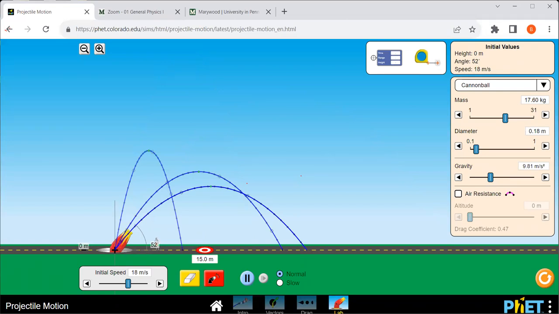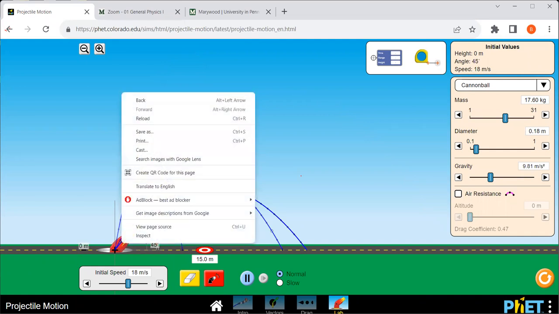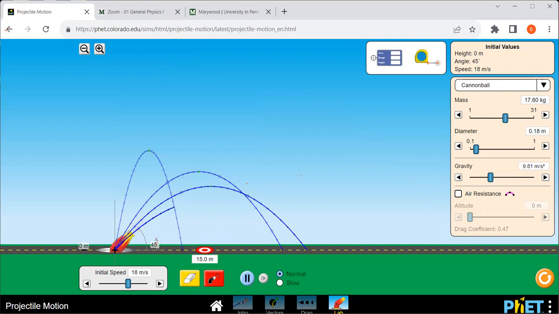So this is 52 degrees, and now 45 degrees. You see that this is the maximum.